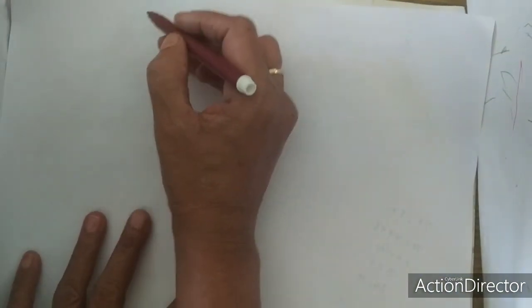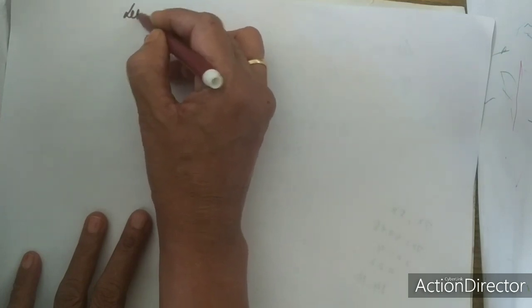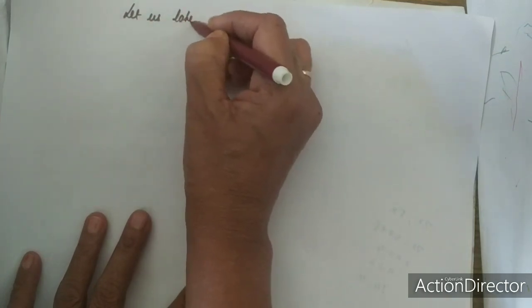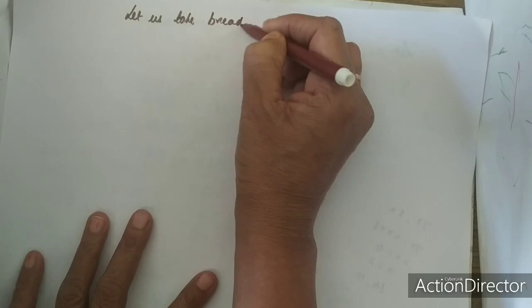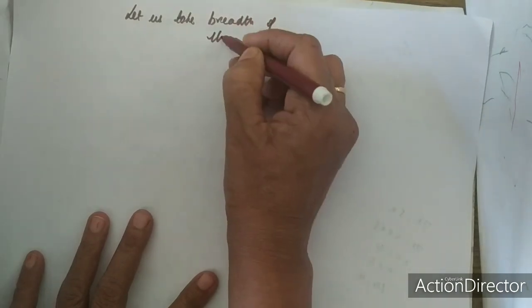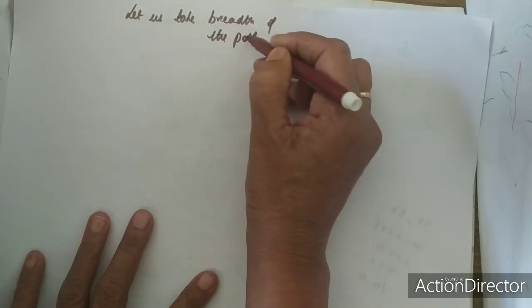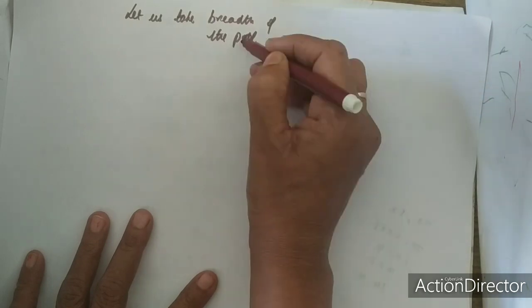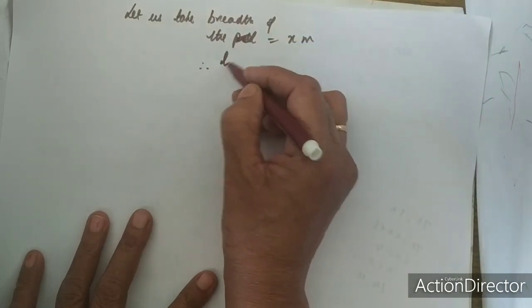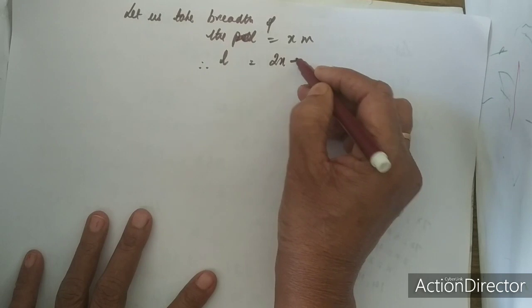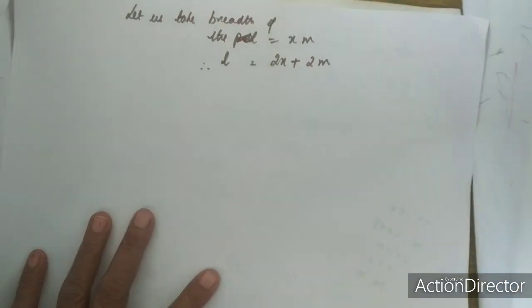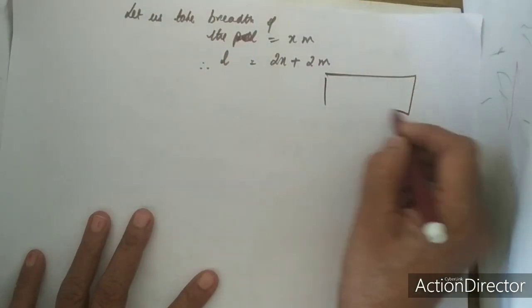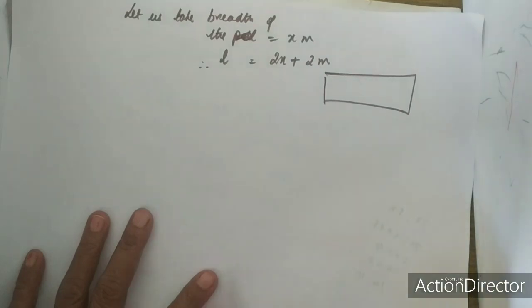So let us solve this question now. Let us take the breadth of the pool to be x meter. Therefore the length will be equal to 2x plus 2 meter. Now what is the perimeter? Perimeter means sum of all sides.